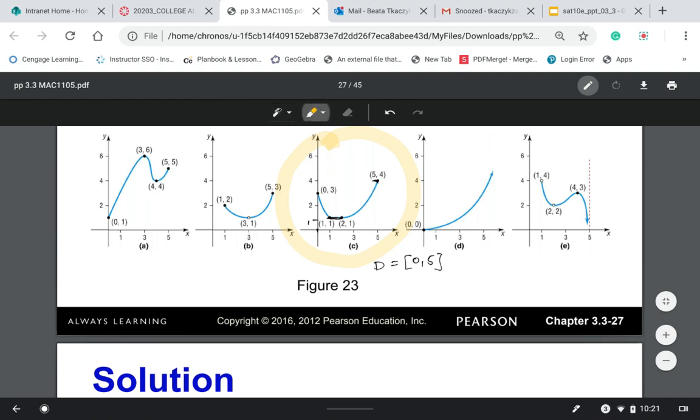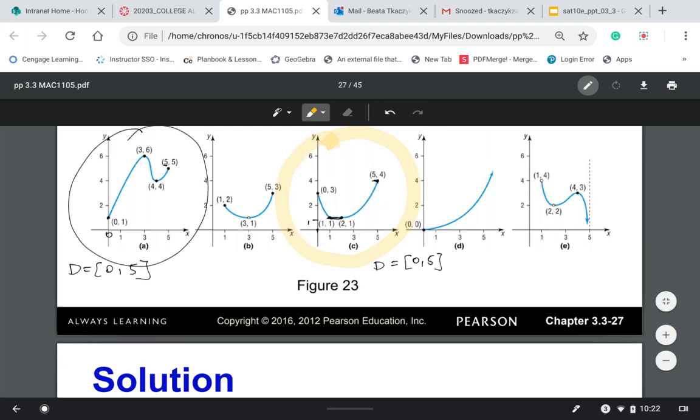Also, the extreme value theorem works on graph A. The domain of this graph is x starting from 0 up to 5, so the domain is a closed interval.